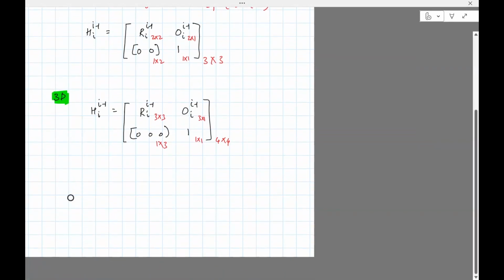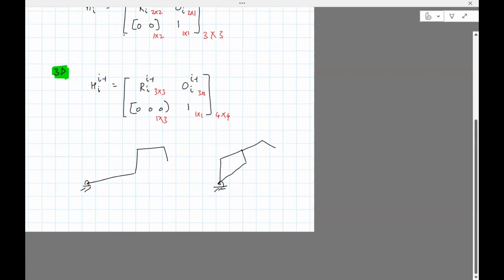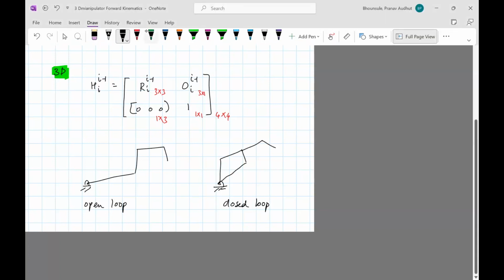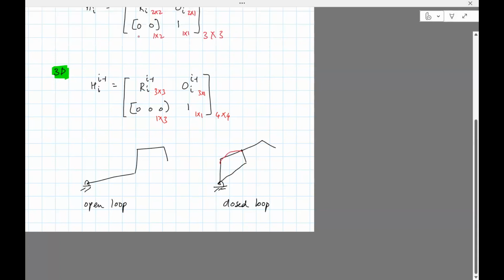Okay, now before we get started with this, we have two types of manipulators. One is of this nature, and then the other one is something like this. So this one is open loop, or this is a closed loop, right? So there's at least one place where there is a loop joint, this one.